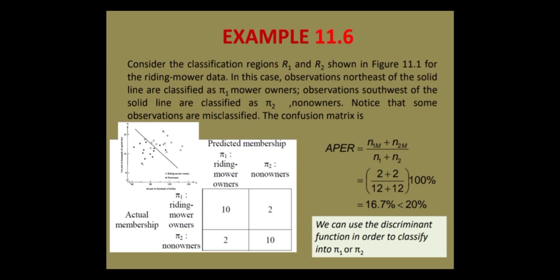Okay, if not given, kalau kita ada function, so we can calculate this confusion matrix. So daripada sini, from here we can see that 10 here adalah pi 1 pi 1. 10 of the honors are correctly classified as honors, sebab dia memang daripada pi 1.